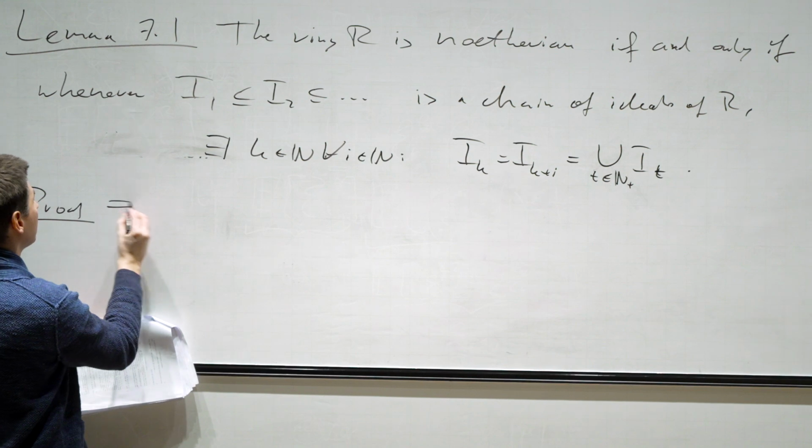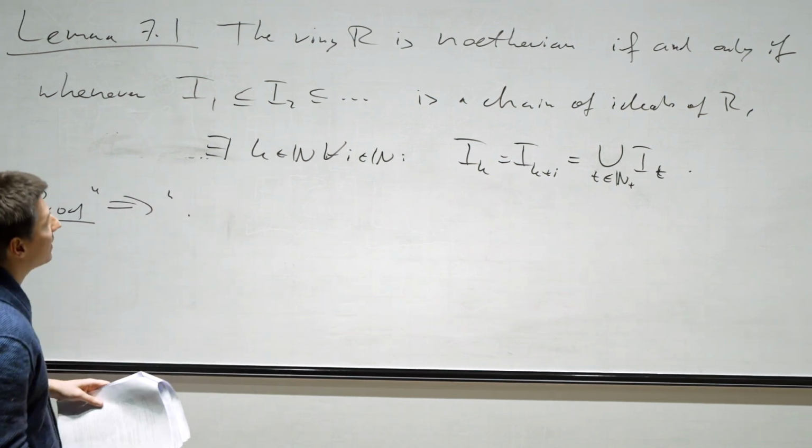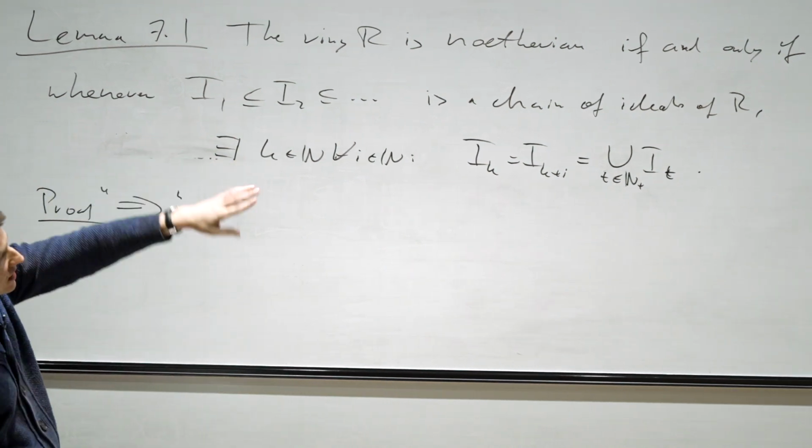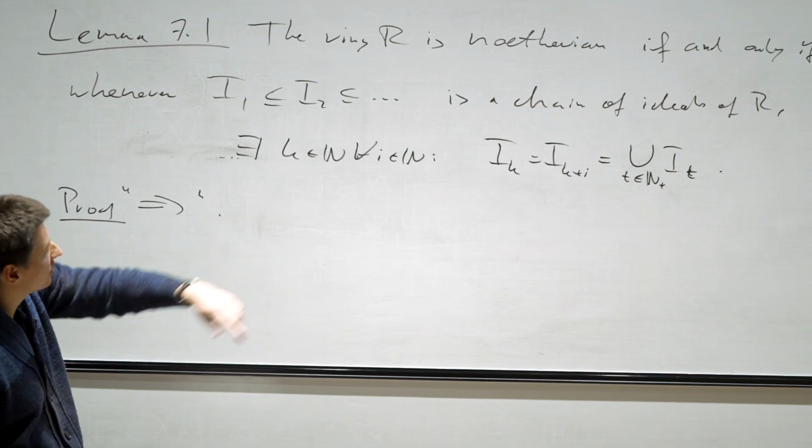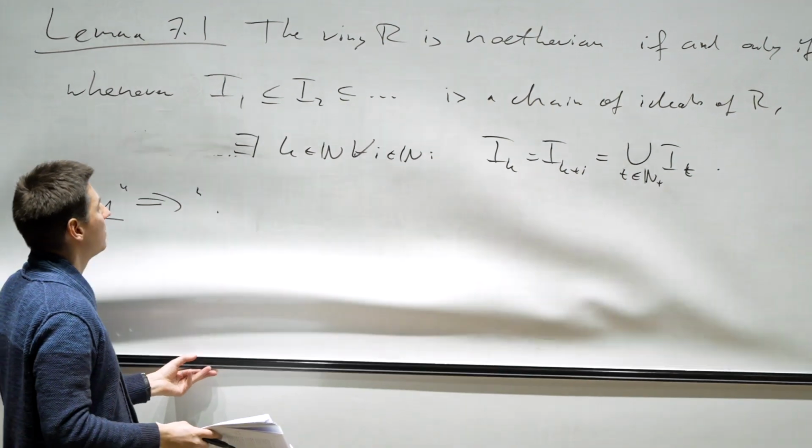We have two implications to prove. Let's do this one first. This one says if we are noetherian in the sense of the definition on that board, then we have this property.